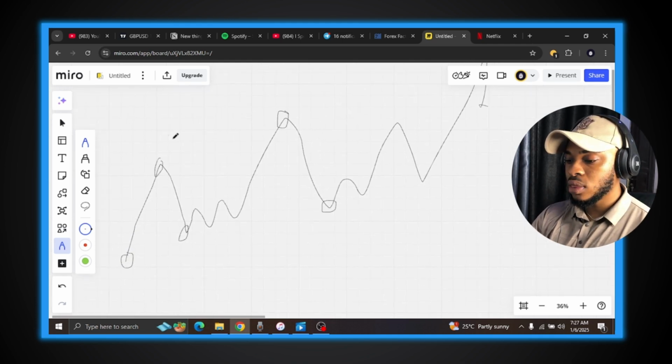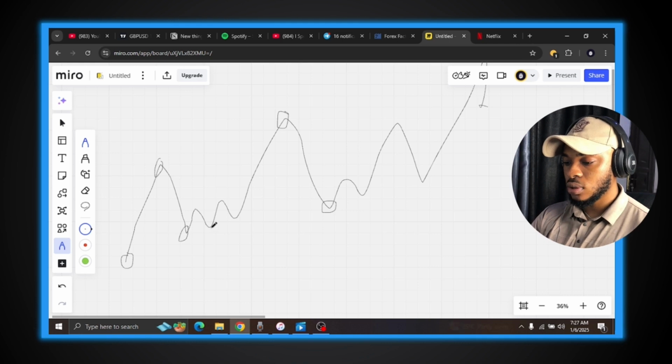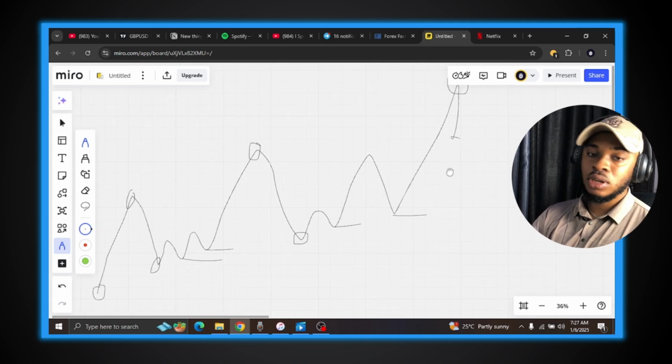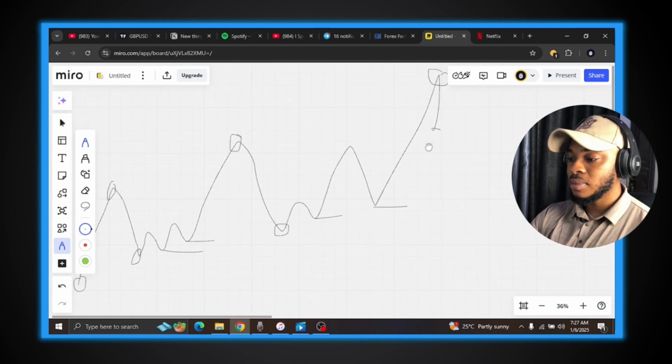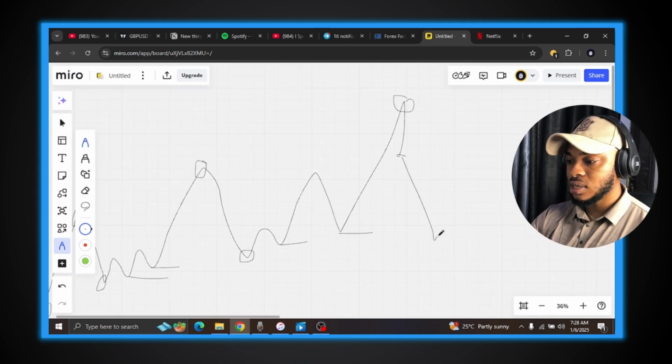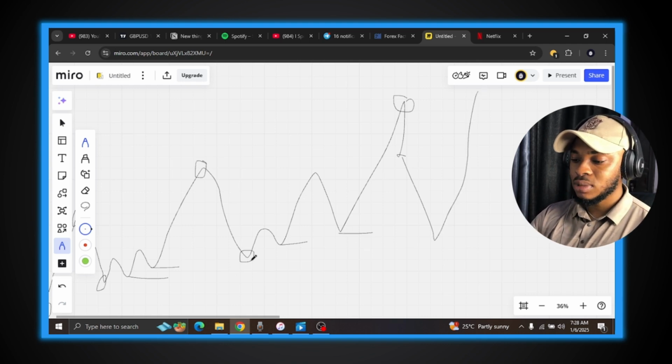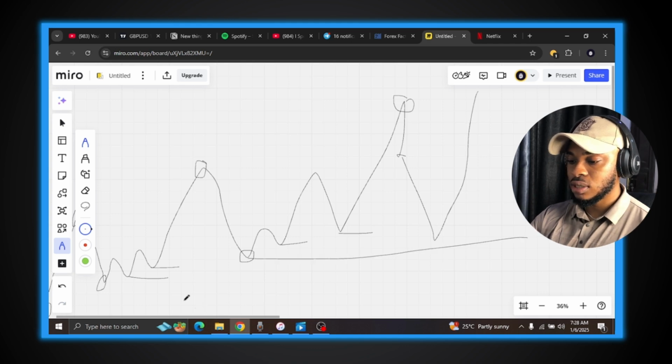So what about all these lows? What about all these lows that are not protected lows? This is where I call them liquidity pools, because the market can come back and take them out and still continue higher, and we will not call it that it shifted bearish. But if the market comes and takes out this one, we'll say, oh, we have shifted bearish. Do you get it?